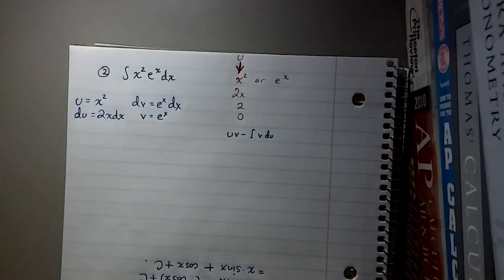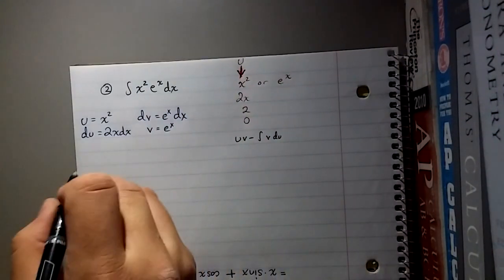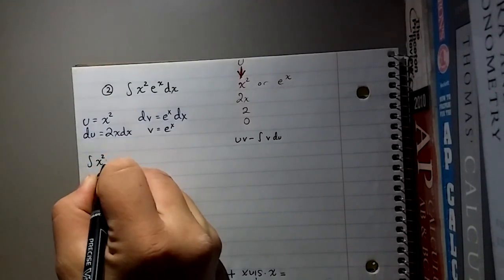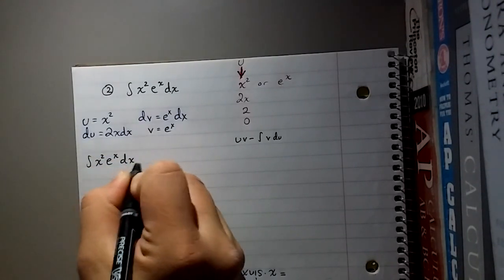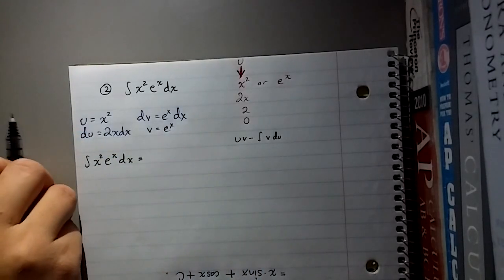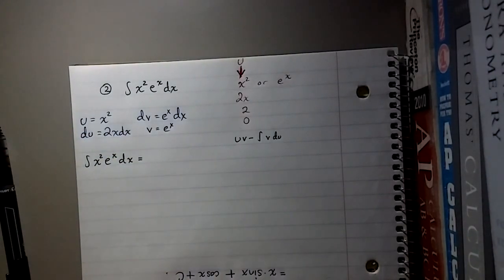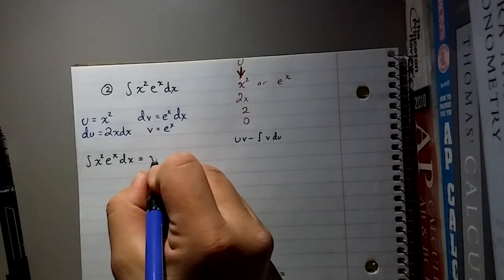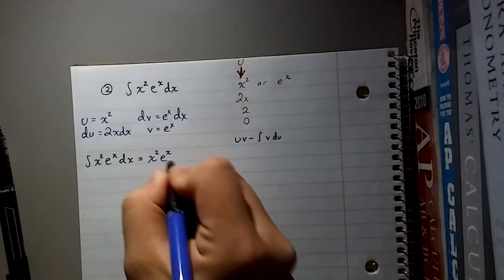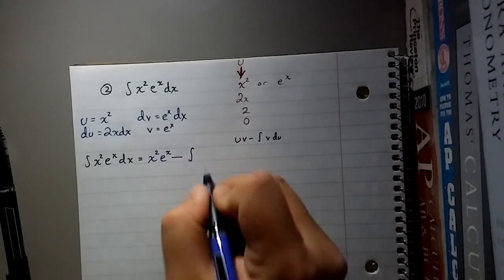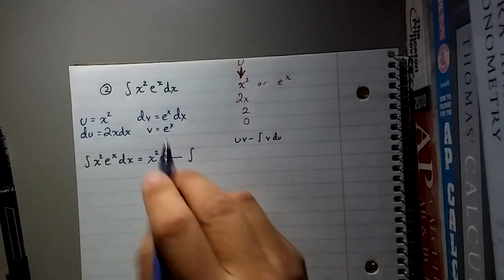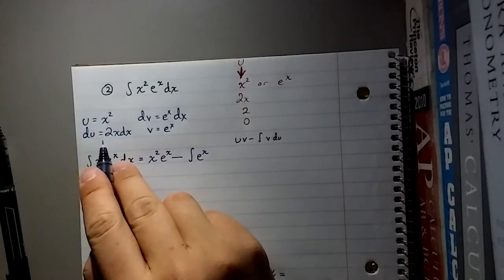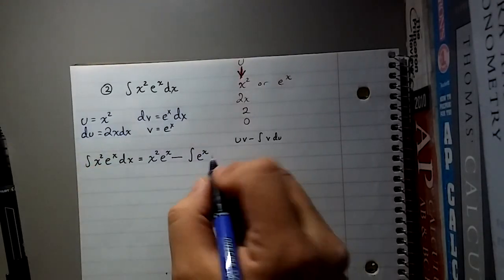Well, let's do that now. So the integral of x squared e to the x dx is equal to uv, which is x squared and e to the x, fine, minus the integral of v, which is e to the x, du. du is 2x dx.